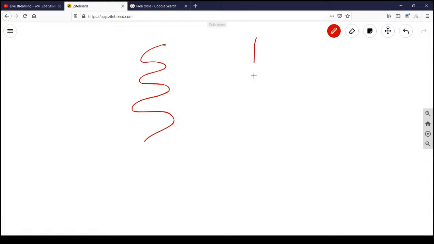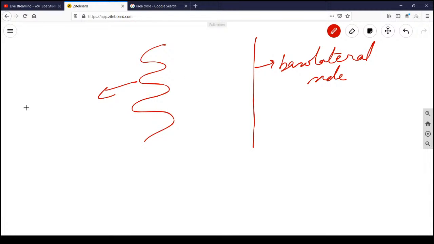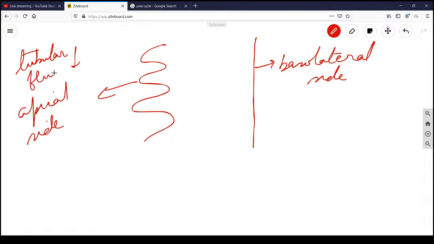So if this is one cell of PCT, these are the microvilli. Okay, this is the basolateral membrane, or basolateral side as we'll be saying. This is the apical side, apical membrane. Okay, this is the tubular fluid slash lumen from where the filtrate comes out.